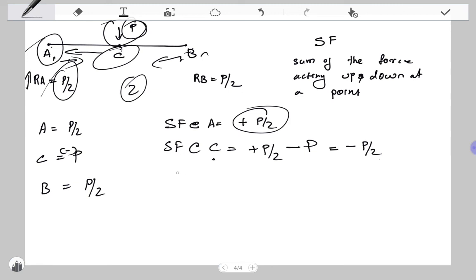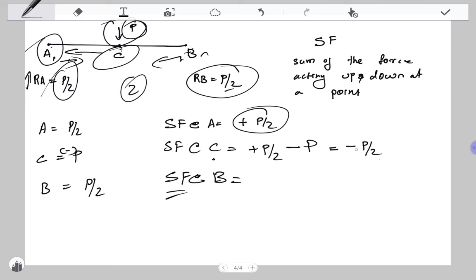So now the SF at B. At B, what is the shear force? It is the sum of all the forces acting at that point. So at this point there are another 2 forces acting. One is positive P by 2.